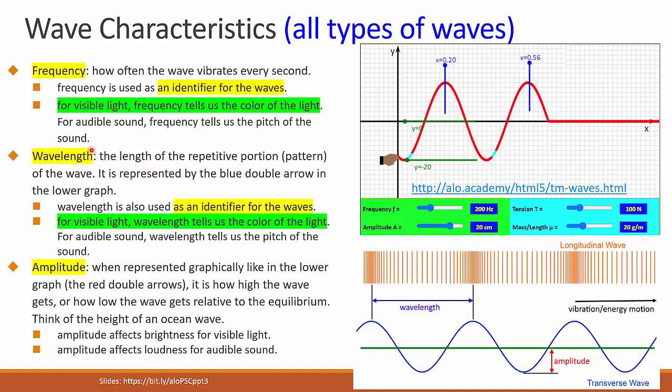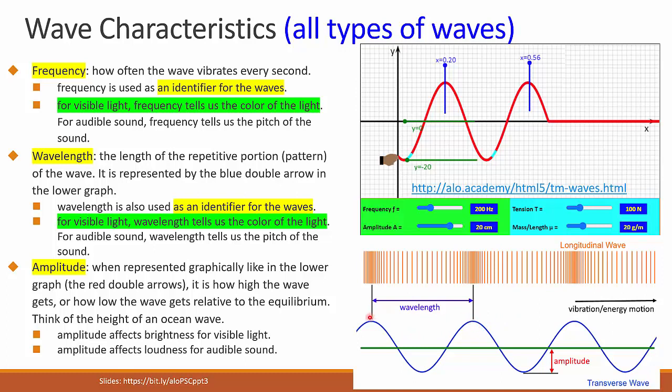Now, another characteristic of waves is what we call the wavelength. It is the length of the repetitive portion of the wave, the pattern that's repetitive in the wave. For example, as it is represented here by this double blue arrow, the wavelength is the distance between the crest and the following crest.